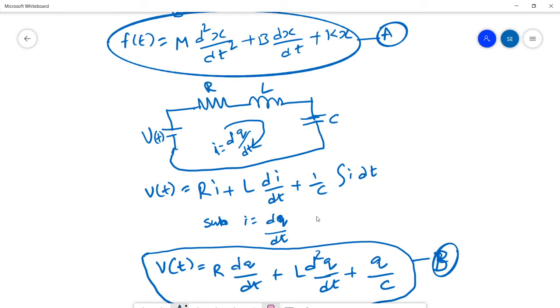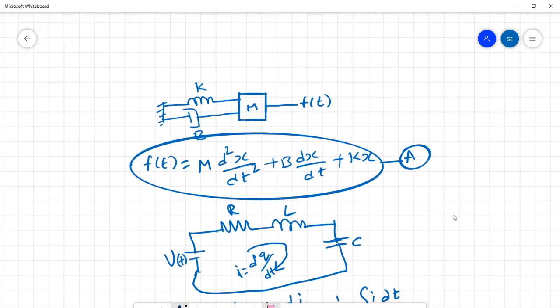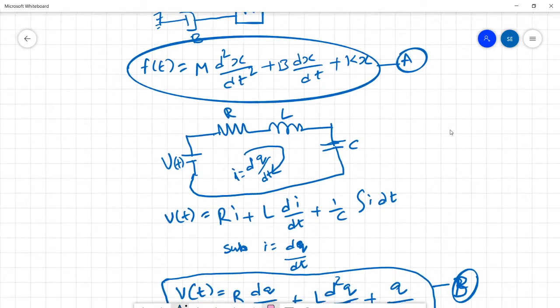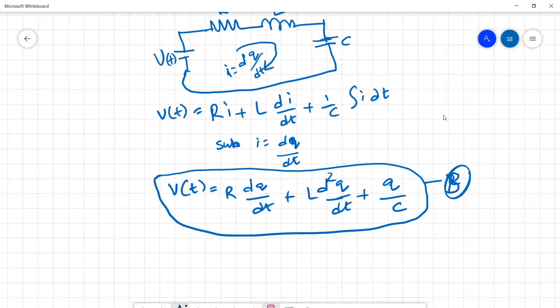In the mechanical system, the force we are giving is the input. In the electrical voltage circuit, we are giving voltage as input. So force will be analogous to voltage. That is why this type is called force-voltage analogy, right?